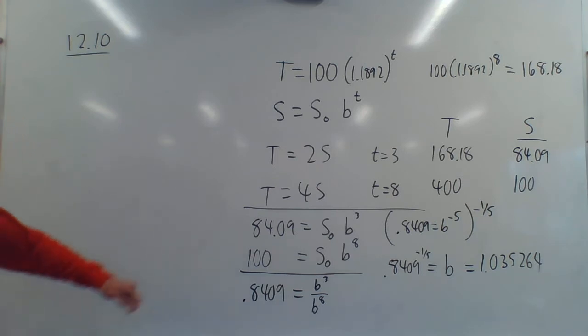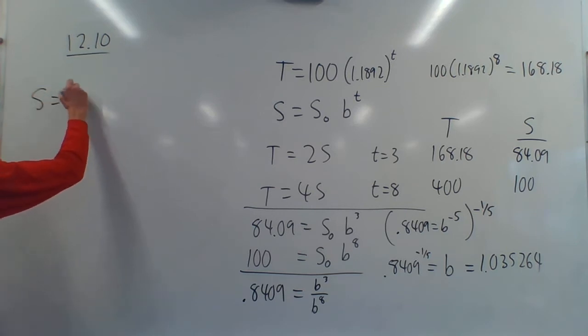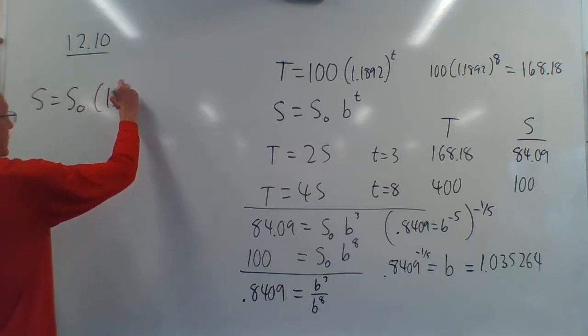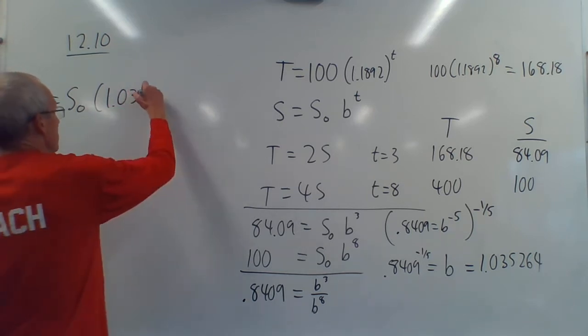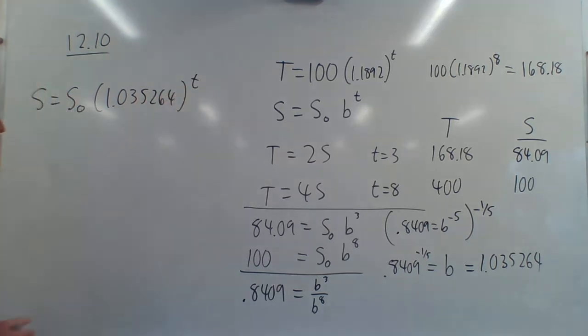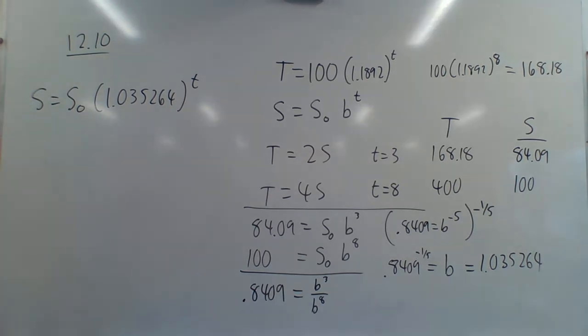But we're not done with the spider model yet. So far we have that the number of spiders is S0 times 1.035264 to the t.